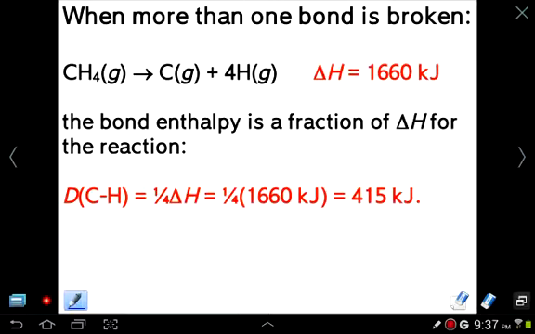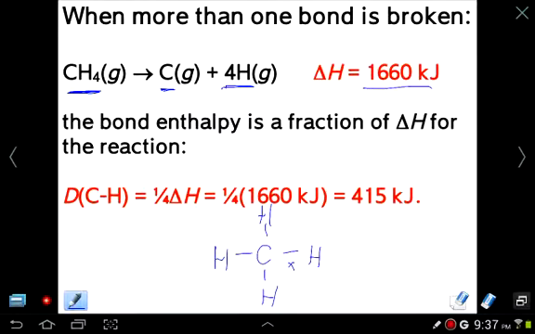So what we can do is show this by writing a little reaction. Here we have CH4 breaking apart into its elements, which means, since the CH4 molecule had 4 equivalent carbon-hydrogen bonds, we must break each one of these. As we break all of them, it takes 1660 kilojoules to do so.